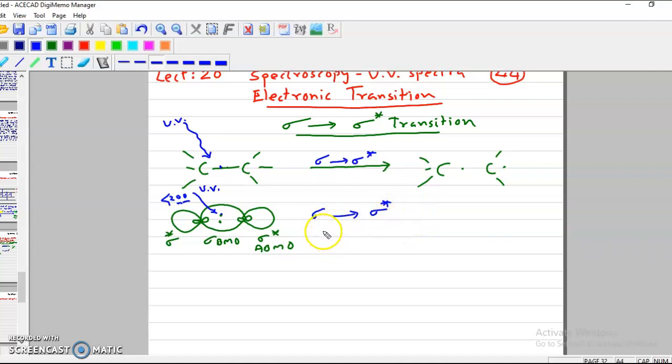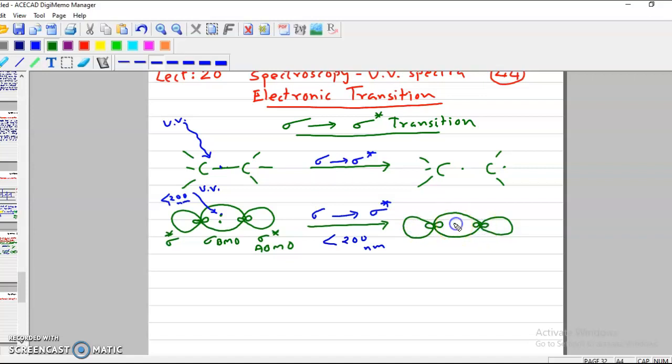This is known as sigma to sigma star transition, and the energy required is ultraviolet radiation having wavelength less than 200 nanometer. Now we will see that one of the electrons of the sigma bond will transit to the sigma star orbital of carbon.